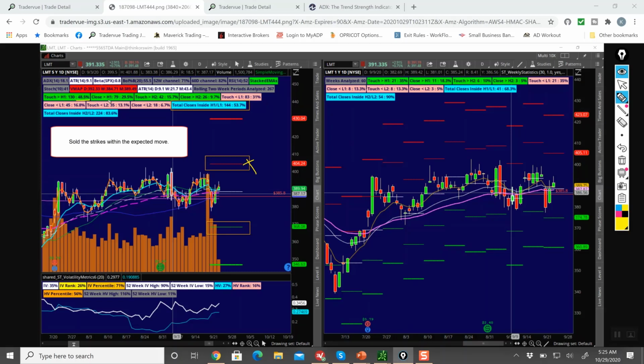It closes above H1 roughly 30% of the time, and then it will only touch H2 16% of the time, and it'll only close above it less than 10% of the time. And the same goes for the low end. It will touch L1 31% of the time and close below it 17, and so on and so forth. You get the picture. So it's giving you statistics over a 5-year period of whether every 2 weeks it will touch these lines or close outside of them.